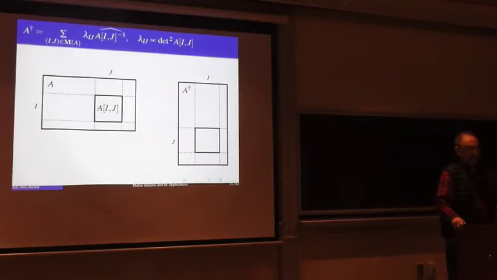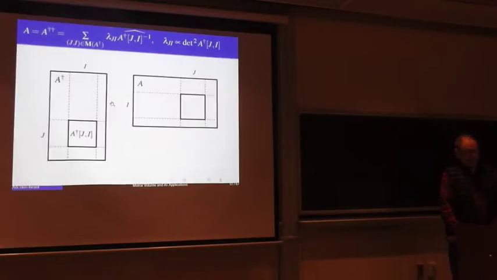So this is very important in application, especially in statistics, where we are looking for minimal variance estimates. So the corresponding result for the Moore-Penrose inverse is that it is a convex combination of inverses of matrices that you find in A, R by R matrices. The position gets transposed, but the weight is still the determinant squared.